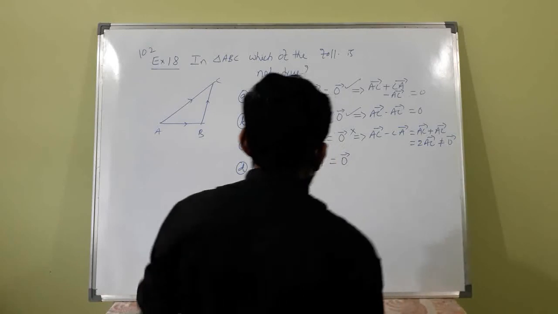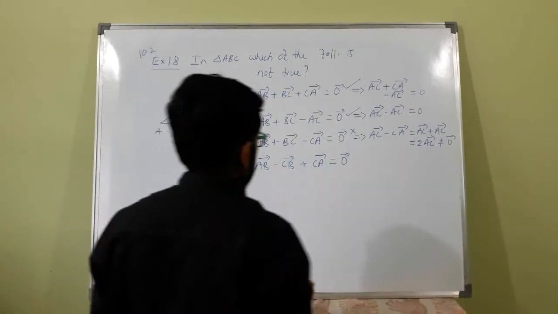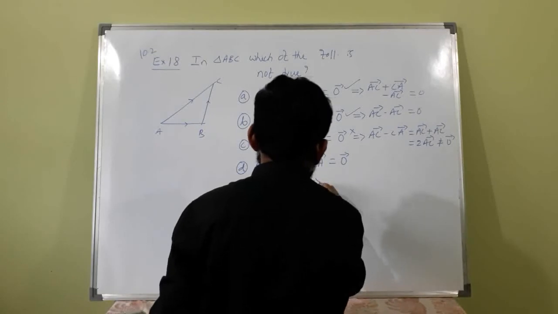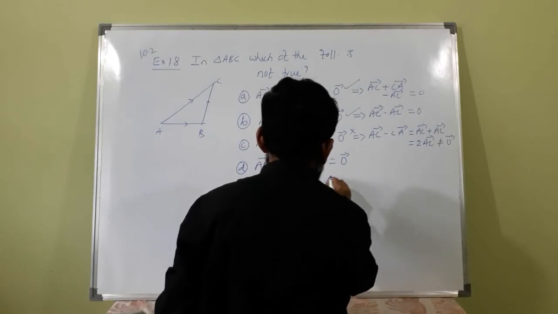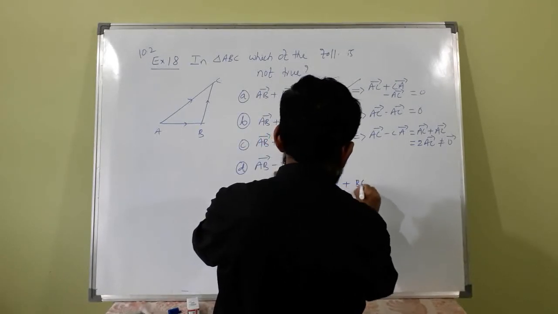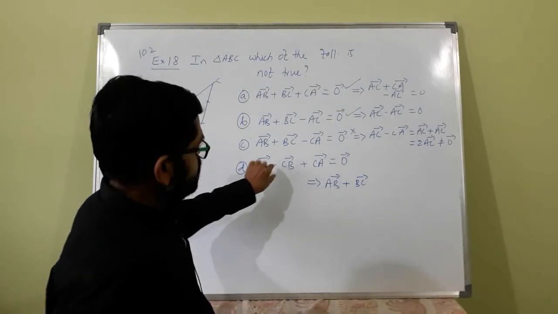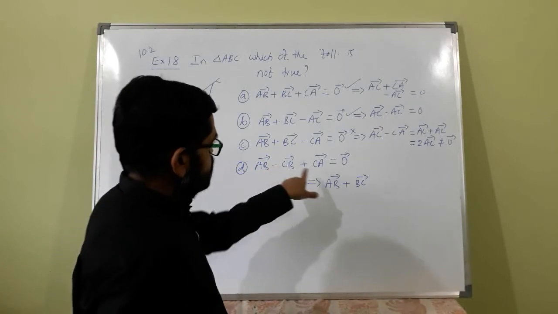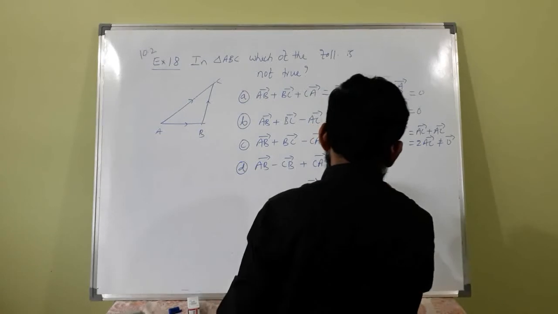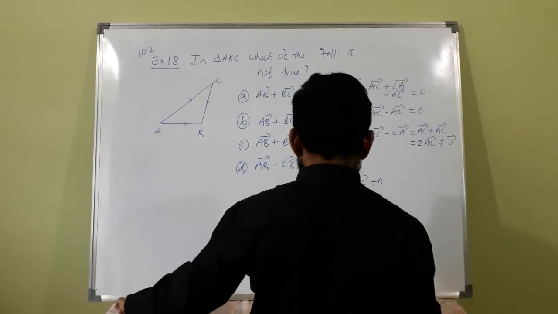Okay, let us check this also. AB, this implies AB plus BC. This is reversed and gets a negative sign, plus AC plus CA.